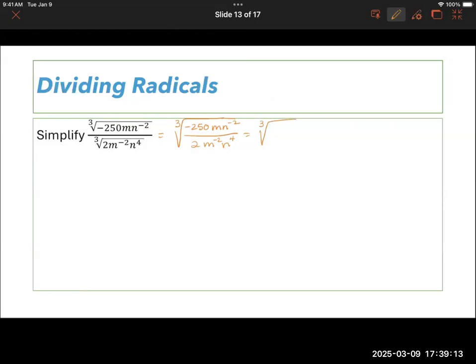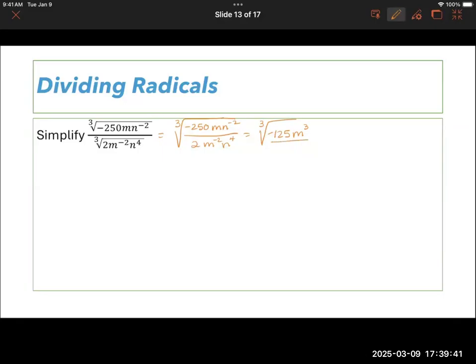So the 250 divided by 2 will leave me with a negative 125. Then I've got an m on top with m to the negative 2 on the bottom. Subtract our exponents, we get an m cubed. And then I've got n to the negative 2 in the numerator over n to the 4th in the denominator.